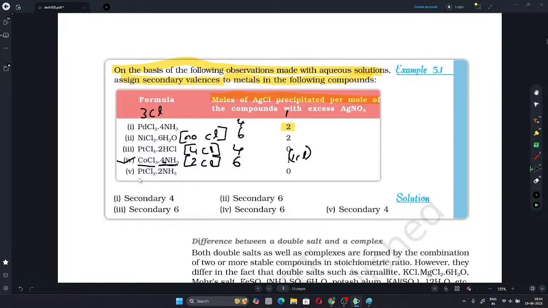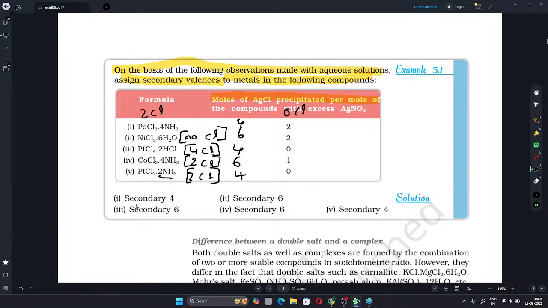PtCl2, in the fifth case scenario, where we have 2Cl in the formula but we got 0Cl, we have two NH3 molecules. Since platinum's coordination number can be assumed to be 4, we can assume that there are 2 Cl in the complex along with 2 NH3. Here as well, the secondary valence is 4. We can correct it.